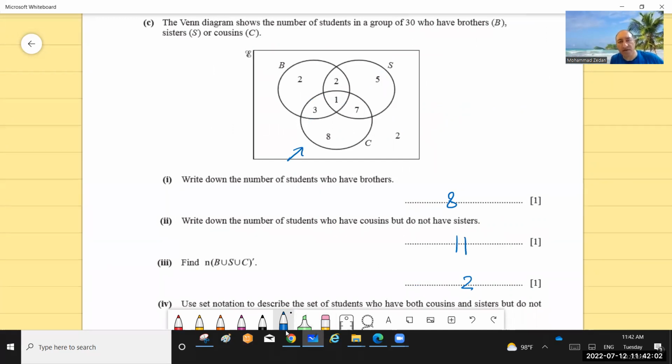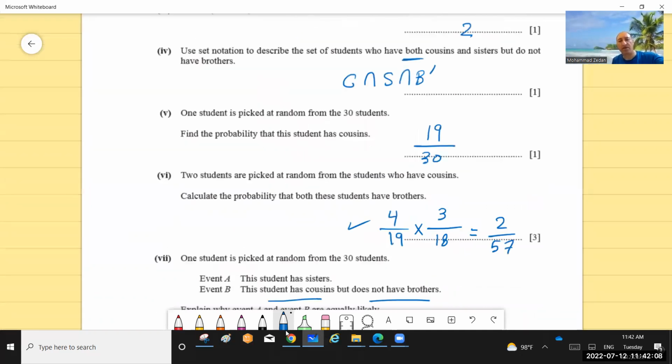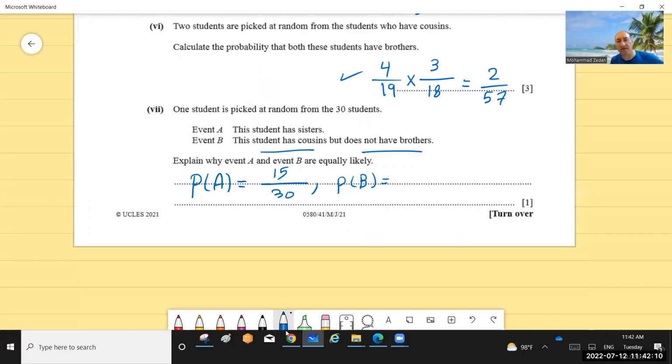Remove the brothers, remove this and this. So you have 15 also out of 30. Explain why event A and event B are equal. They are equally likely, they are the same. You just write they have the same probability, the same likelihood to happen.